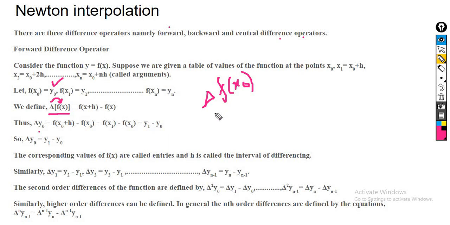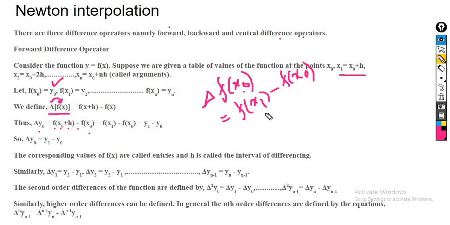But delta f of x0 is f of x0 plus h minus f of x0. What is f of x0? This is y0. And x0 plus h is x1. So this is basically f of x1 minus f of x0.